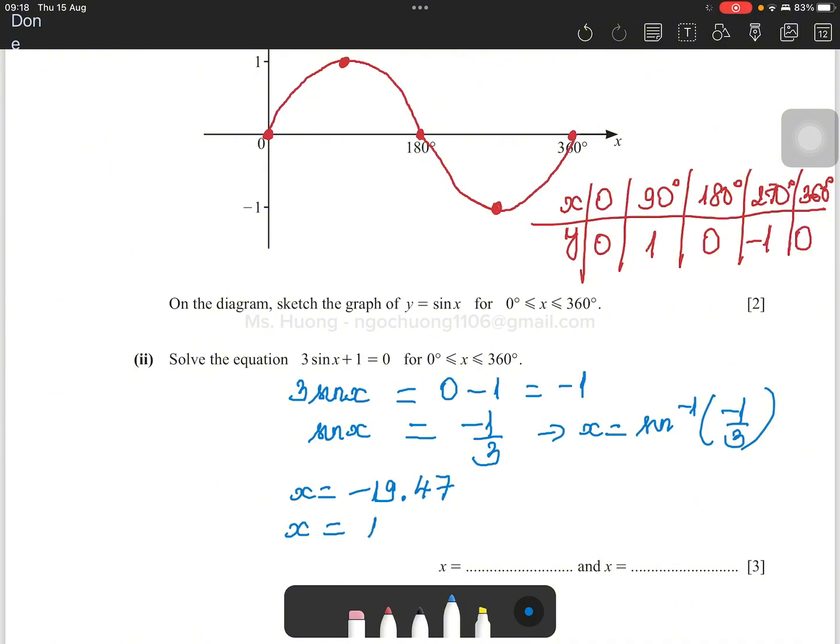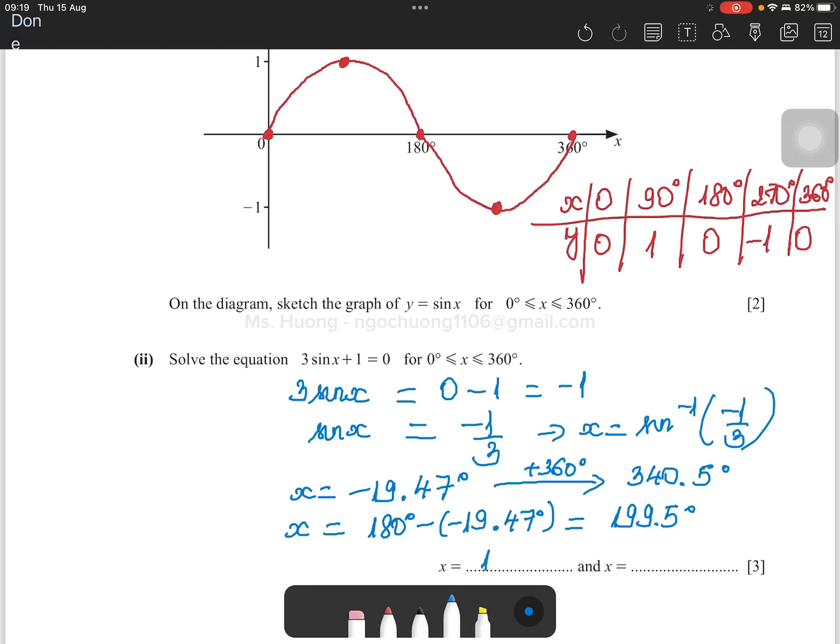And the second value will be 180 subtract negative 19.47 degrees. So the second value is 199.5 degrees. And for the first value, if it is negative, we need to add 360 degrees to find the positive value for it, 340.5 degrees.